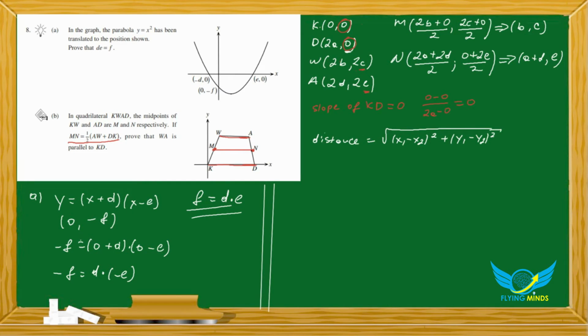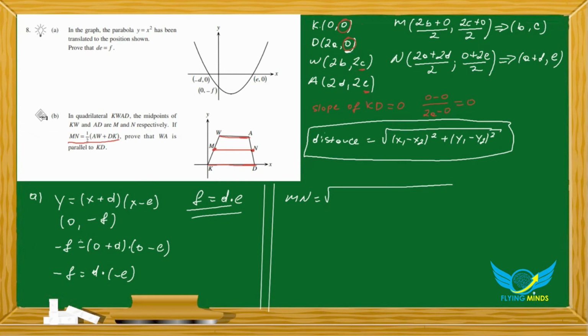This is our formula for distance, and we're going to use it. MN equals the square root of a plus d minus b, our x coordinates of the points, squared, plus e minus c squared.